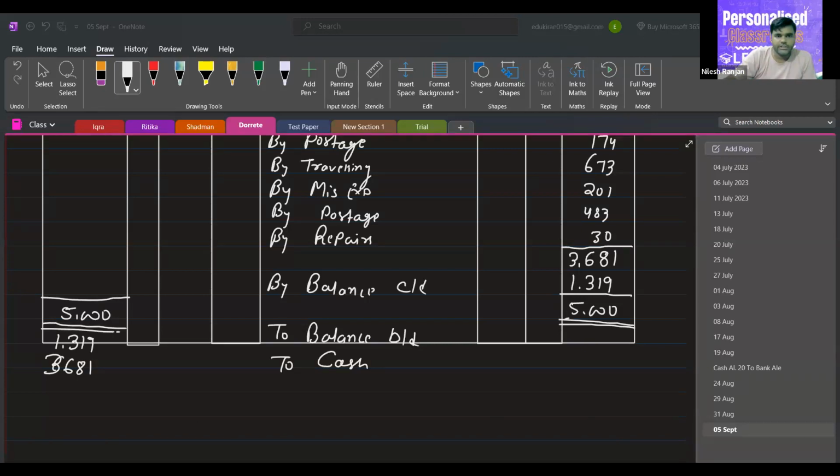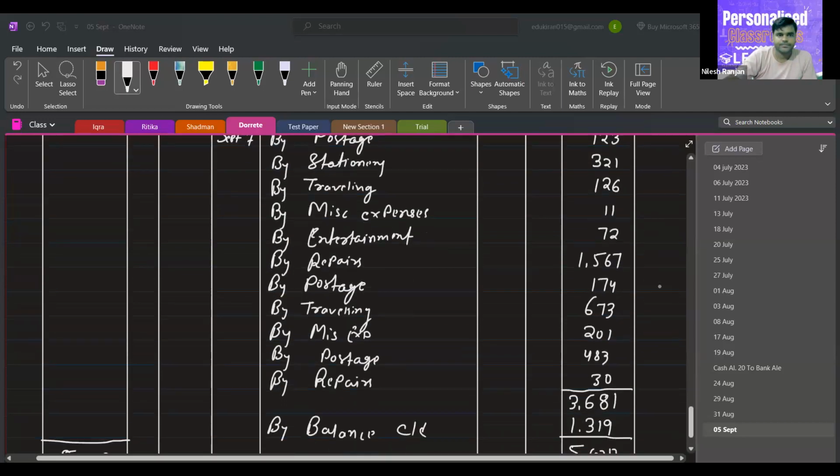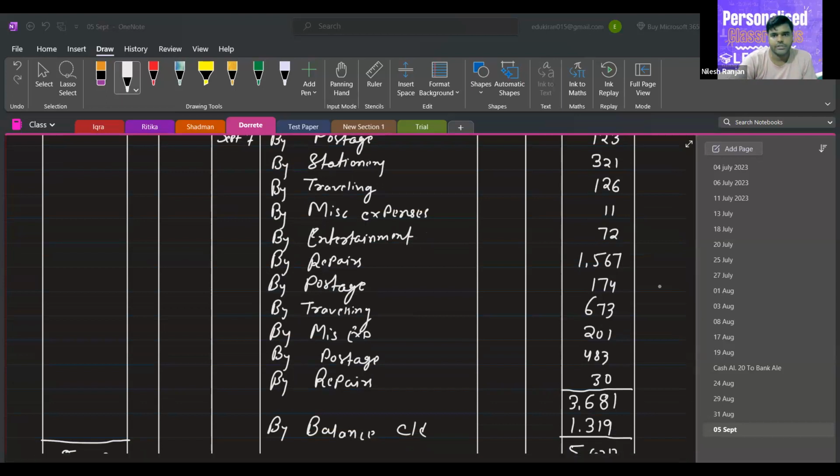Let me total it again. Three plus 6 plus 11 plus 7 plus 6.